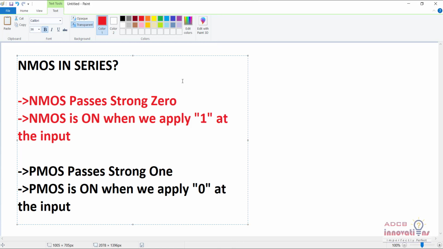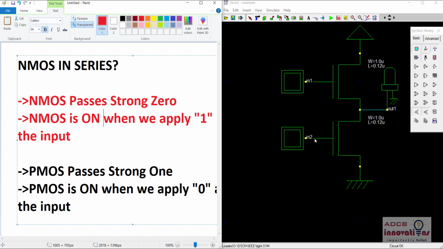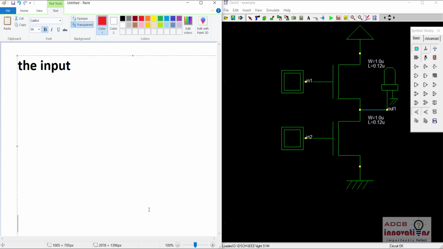Now let us see what will happen if we connect two NMOS in series. Here we have inputs, let's say input A, input B and the output Y. The four cases are 0 0, 0 1, 1 0 and 1 1.